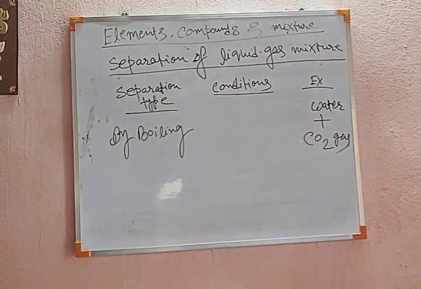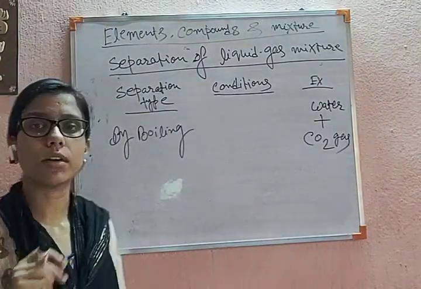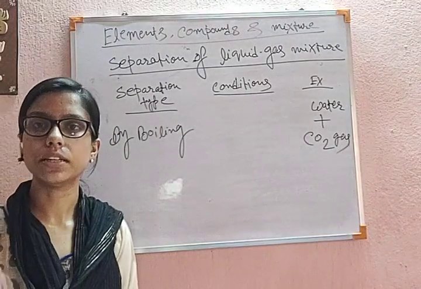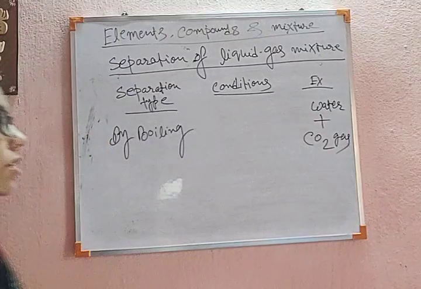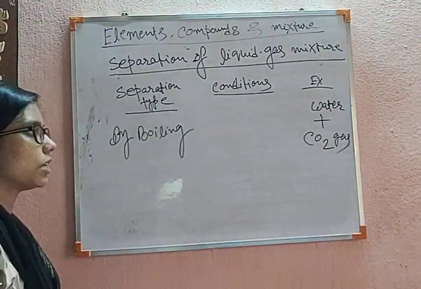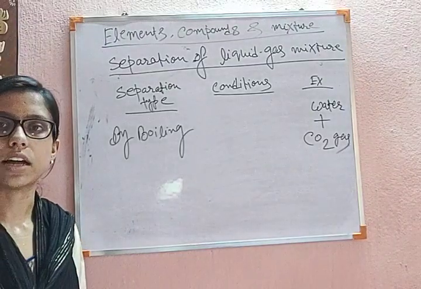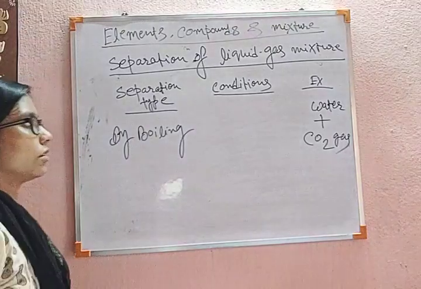So what is the technique here? There is a condition: upon heating, the solubility of a gas decreases, and that technique is applied there. When we are boiling something, the gases dissolved in that liquid come out. And that is the condition.